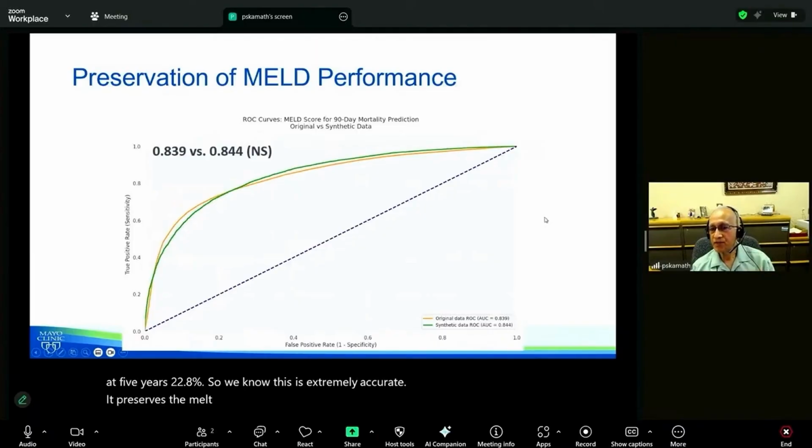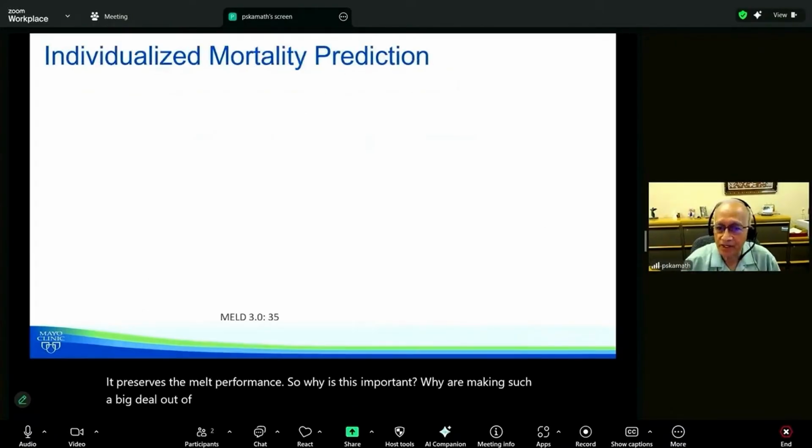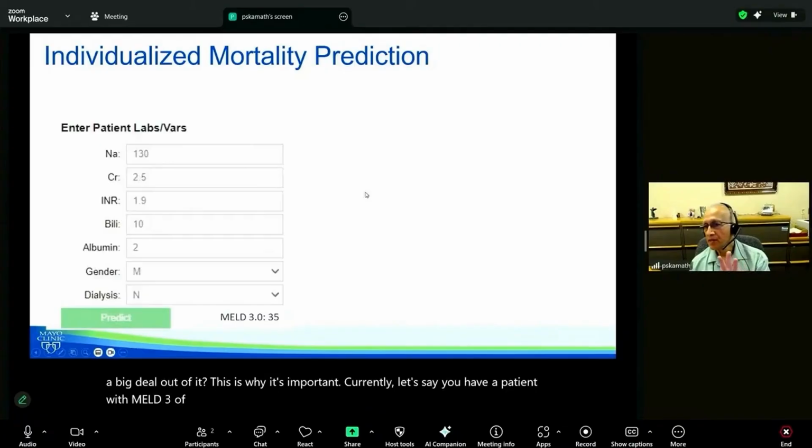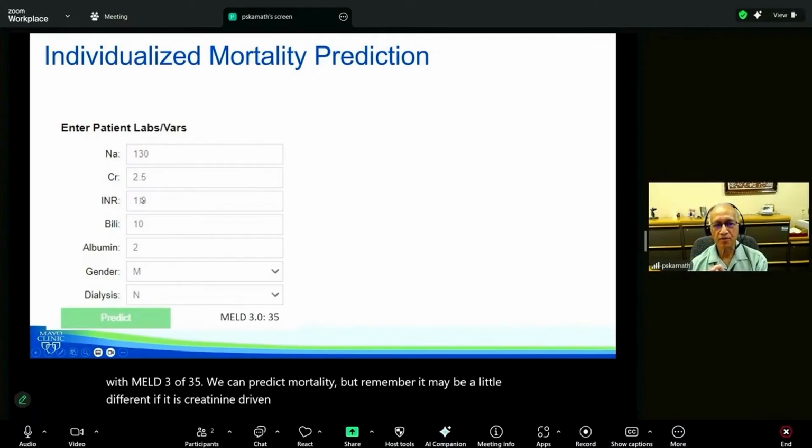So why is this important? Why are we making such a big deal out of it? Currently, let's say you have a patient with MELD 3.0 of 35, we can predict mortality. But remember, it may be a little different if it is creatinine-driven mortality, sodium-driven mortality, INR, bilirubin. It depends on the age. So all these variations are in there.